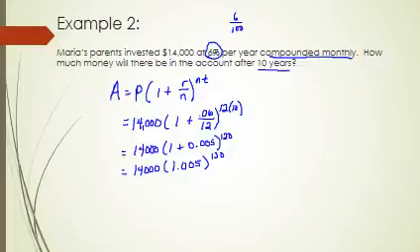Okay, and then go ahead and write your final answer down, and it should be 25,471 and approximately 55 cents. So that is approximately how much money would be in their account after those 10 years.